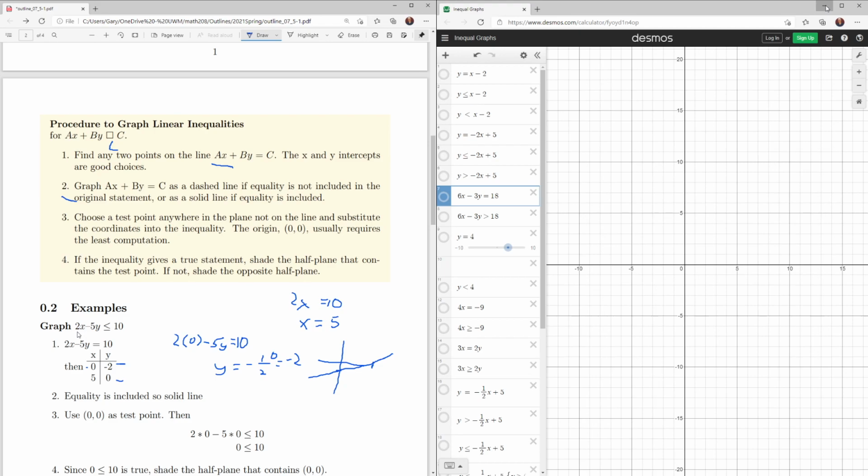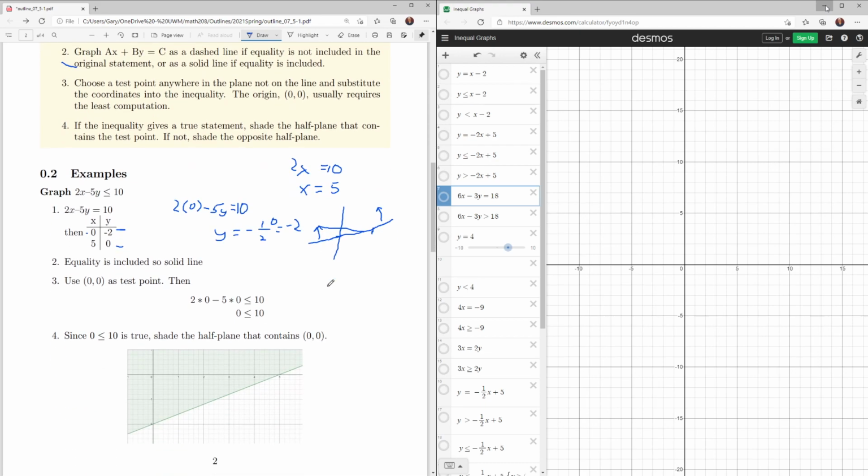We have 2 times 0 minus 5 times 0, which is 0, is less than or equal to 10. Is this true? It is in fact true. 0 is less than 10, which means our graph includes the origin. If we scroll down, we see that this is what this graph should look like. Not too far from what I drew.